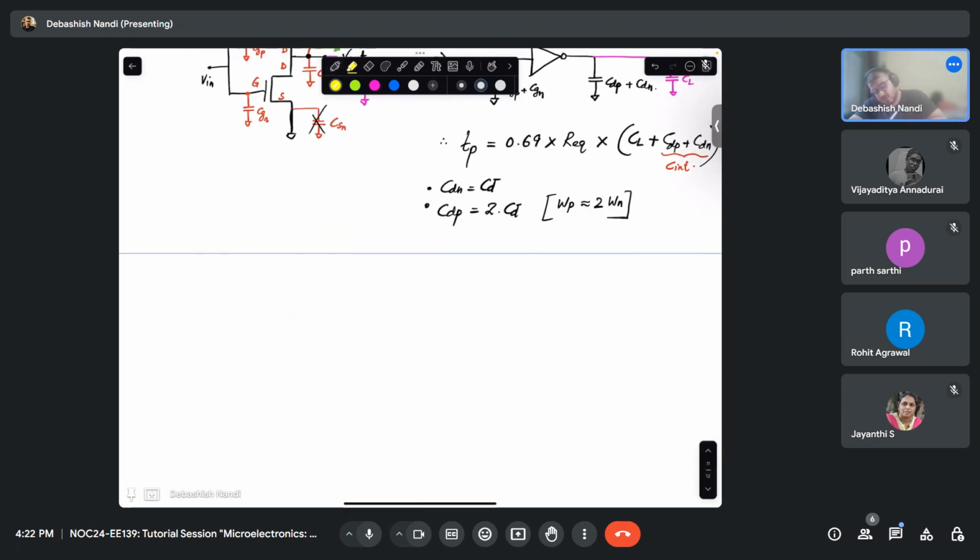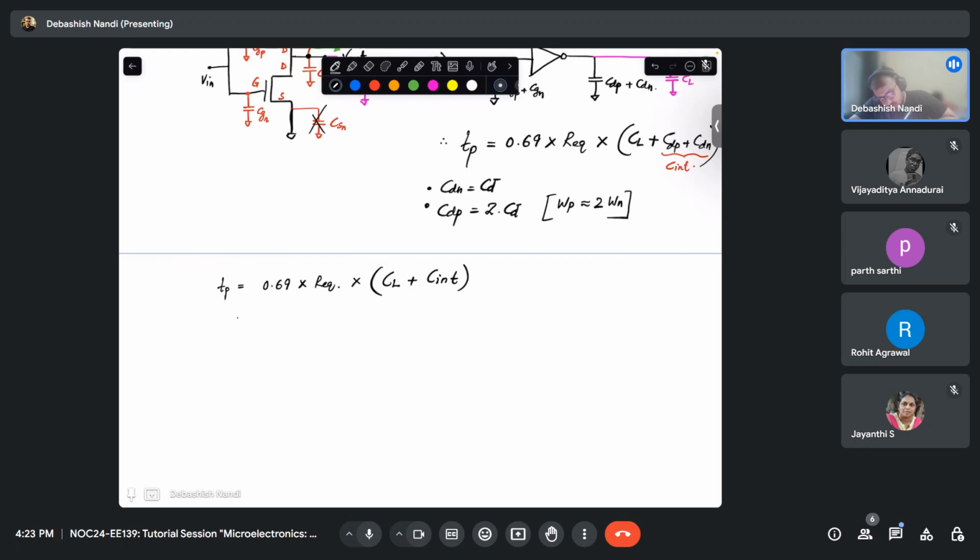So now we have our delay formula as 0.69 times R equivalent times CL plus C internal. The C internal is basically your drain capacitance.